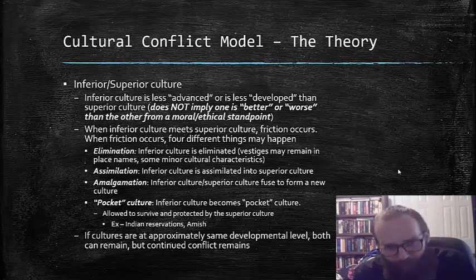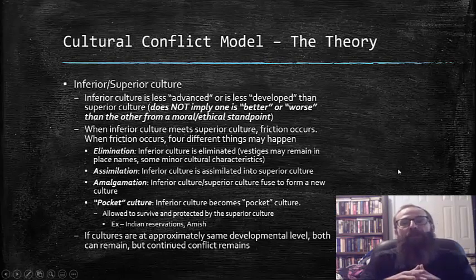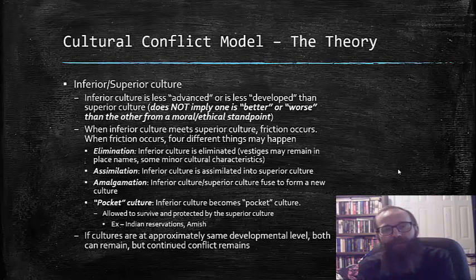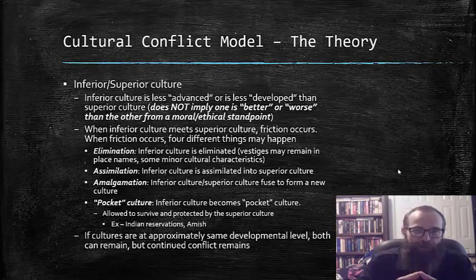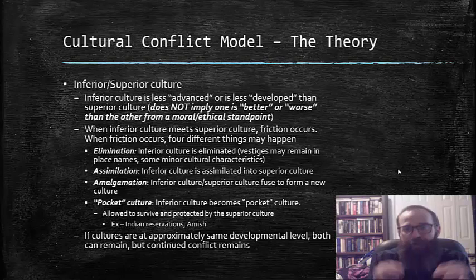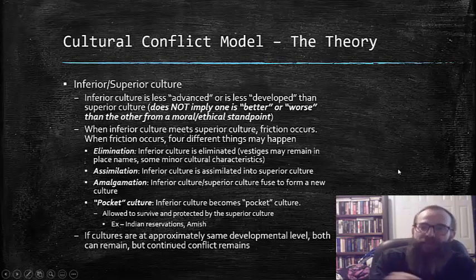Now, when an inferior culture meets a superior culture, friction often occurs. When friction occurs, four different things may happen. The first, elimination. The inferior culture is eliminated by the superior culture. Vestiges of that inferior culture may remain in place names.